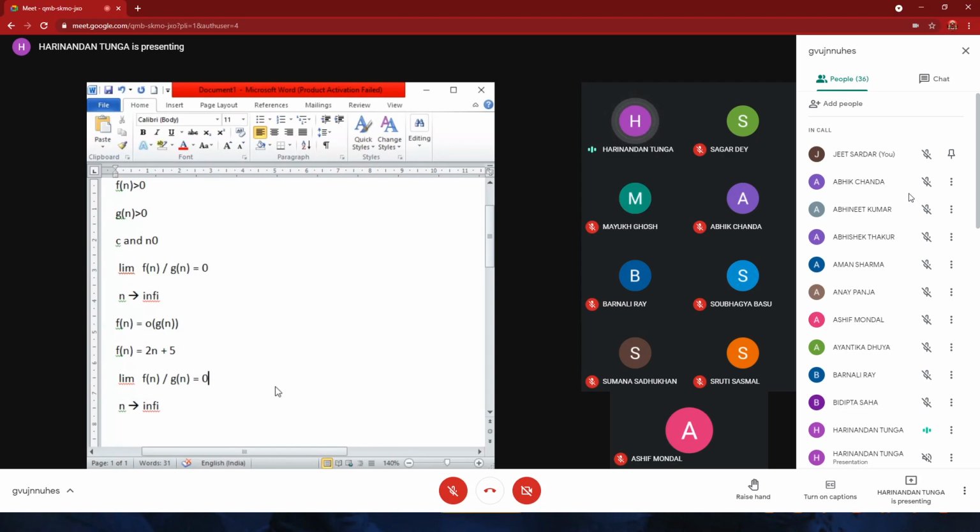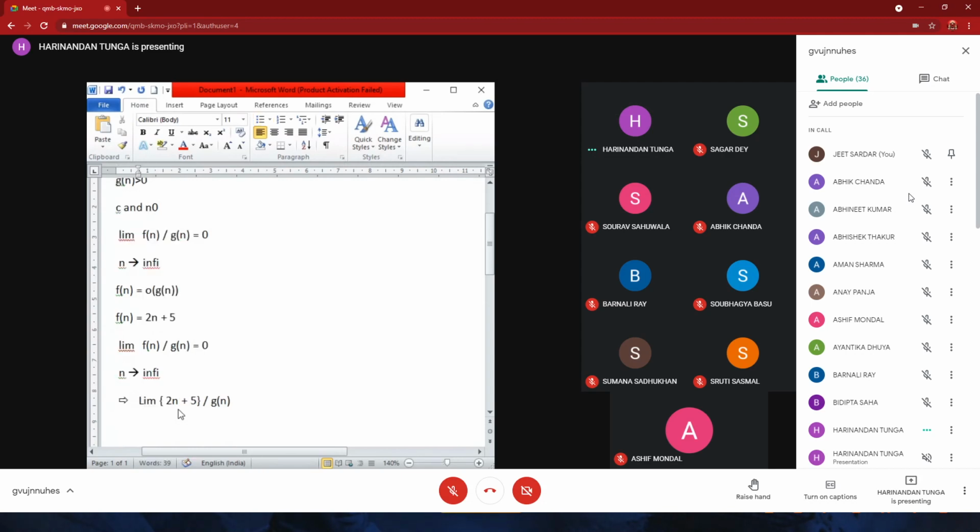Here Fn is 2n plus 5, divided by Gn, as n tends to infinity, and this should equal 0.